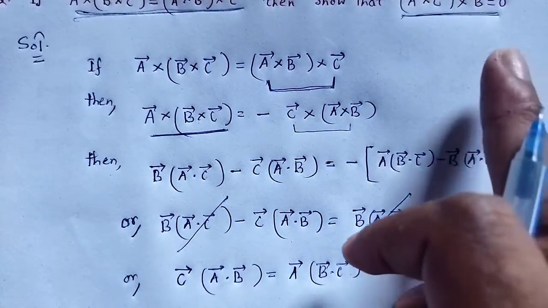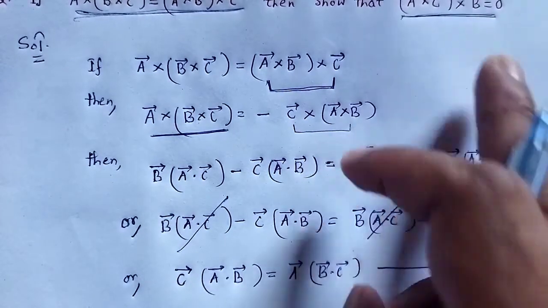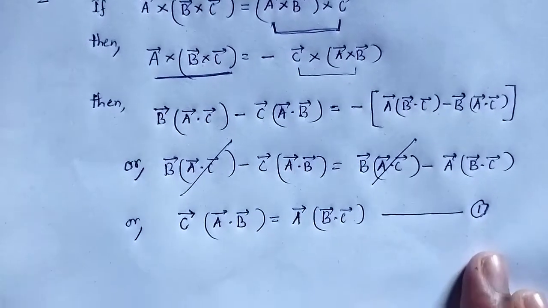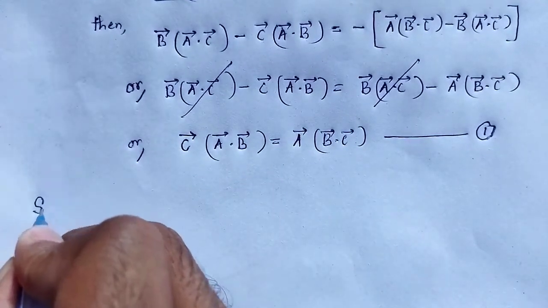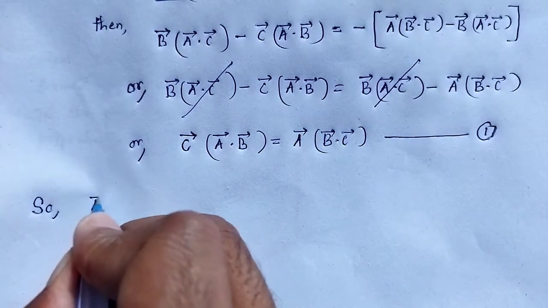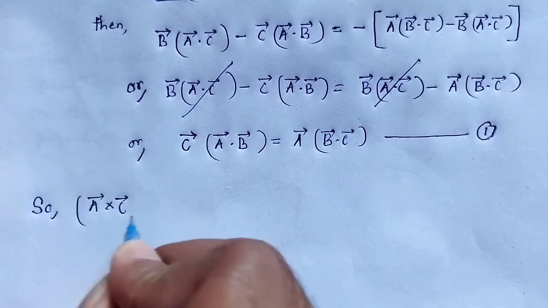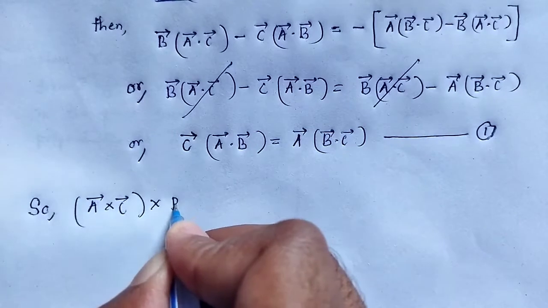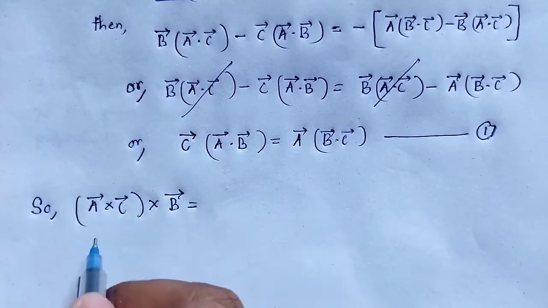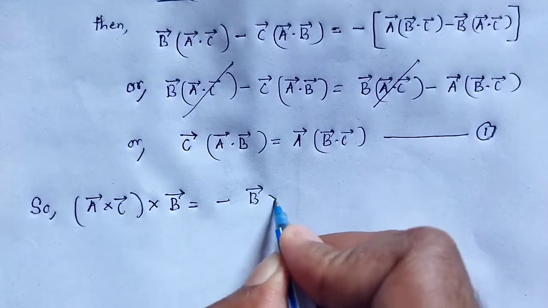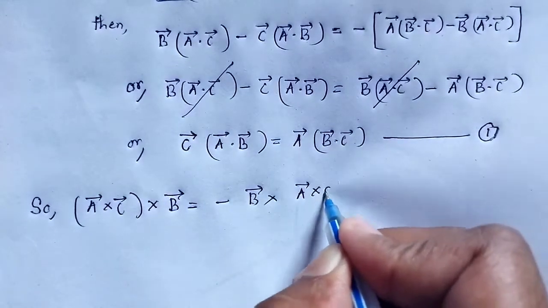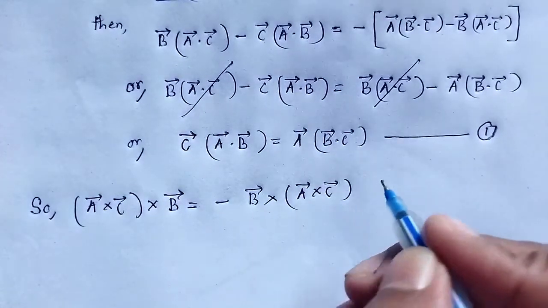So we have to prove A cross C cross B vector is equal to 0. See how I prove it. A cross C cross B, again I interchange the position, that will be minus of B cross A cross C. This is the rule of vector product.